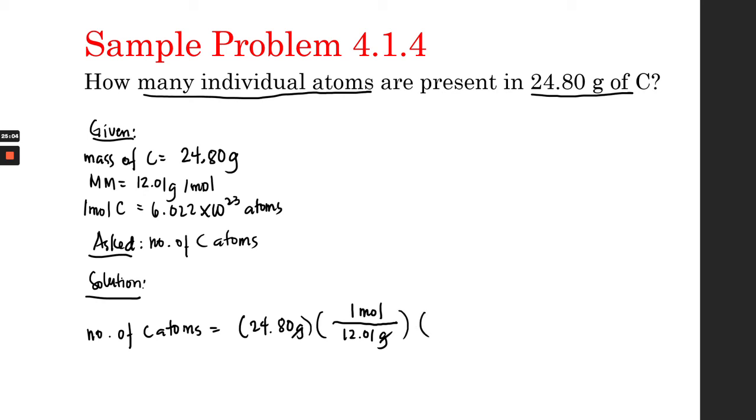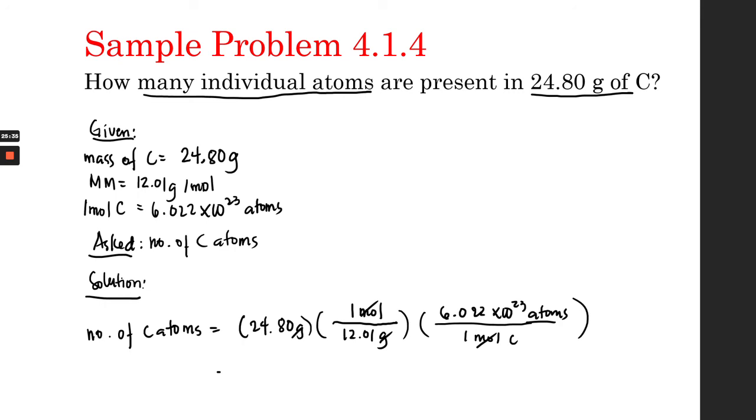And since I'm looking for atoms, I need to have my atoms at my numerator, so I have to remove moles. Here I know that any 1 mole of any element, in this case carbon, is equal to 6.022 times 10 raised to 23 atoms. So the moles get cancelled, the grams get cancelled, I'm left with atoms.